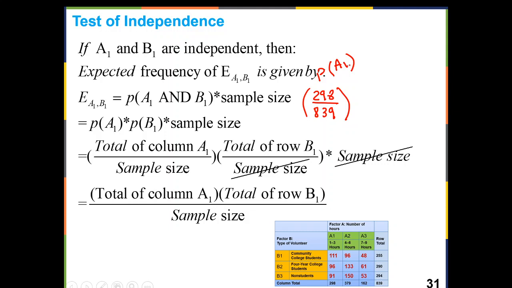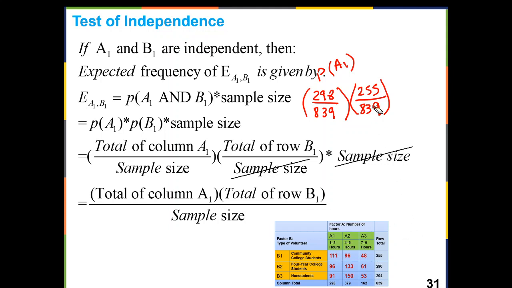Now, the probability of B1 would be, let's see, the B1 total is 255, so that's 255 divided by, again, 839. So that would be the probability that somebody comes from community colleges and volunteers for 1 to 3 hours, right? But if we take this many people, based on that probability, if they're independent, how many people should we have had here?